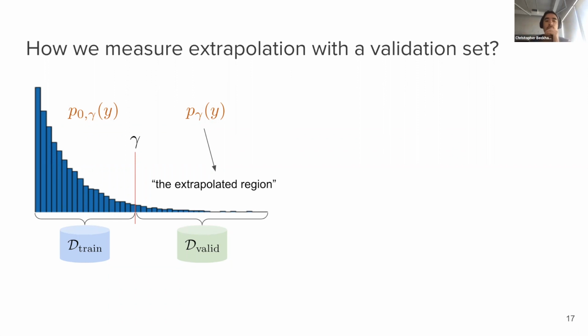So to answer your question, yes, X is also in the extrapolated region. So even though I'm showing the probability distribution of Y, really what I should have shown is a contour plot, showing that there are X's that have Y's greater than gamma.